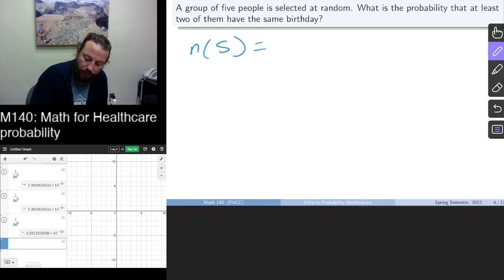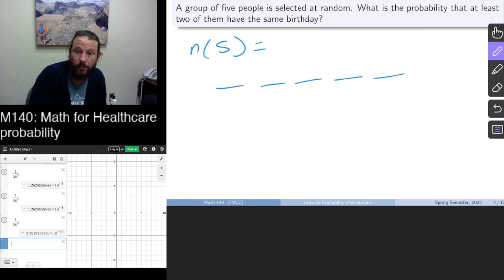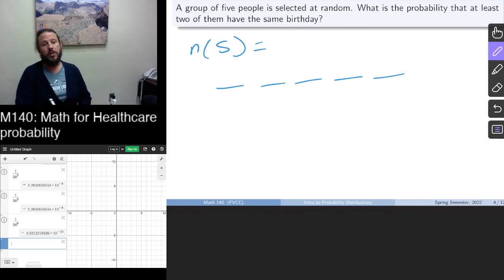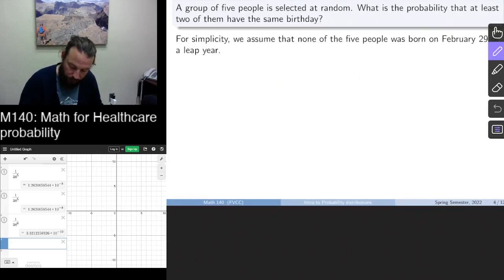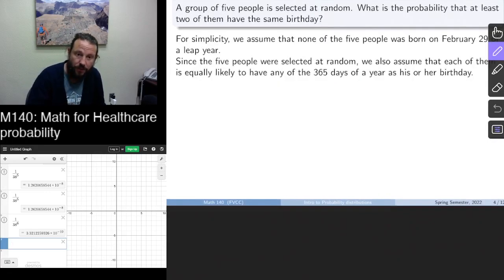We've got 5 people. But we are going to assume all the birthdays are equally likely during the year. We're not going to count leap years. So we have 365 days and they're all equally likely. Probably not true, but maybe approximately true.